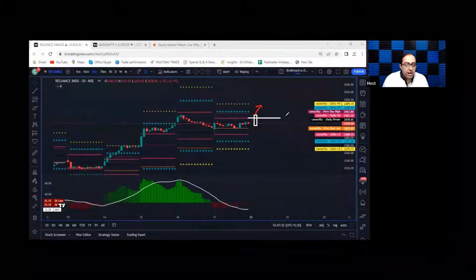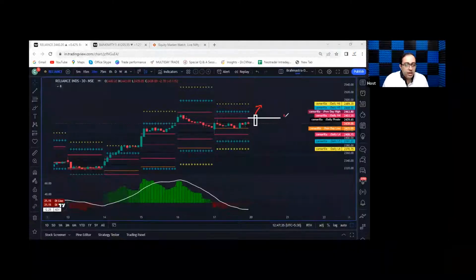ये रहा आपका H4 लेवल, इसका वैल्यू है 2439.